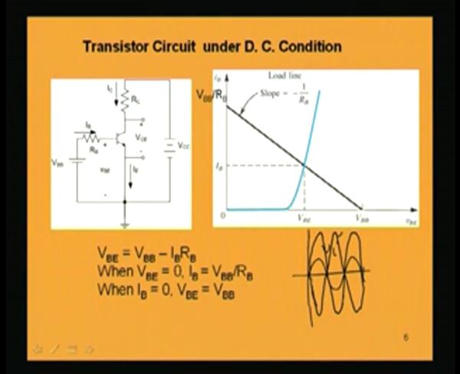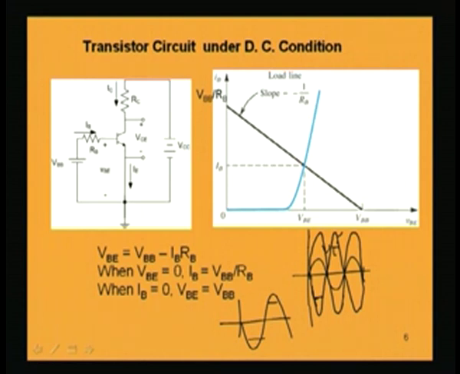So the output voltage will be out of phase with the input voltage, but nowhere during this amplification should the shape change. That is, we should not get an output voltage where a portion is clipped in the positive as well as the negative region. That means I should not get an amplified signal which is like this or like this.